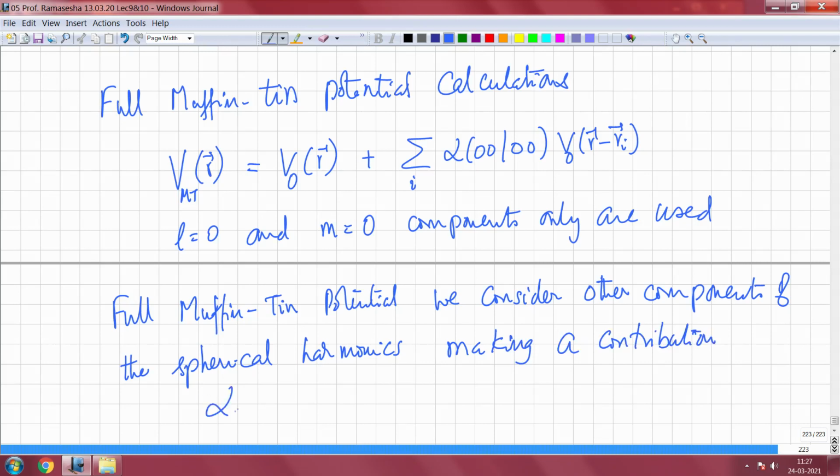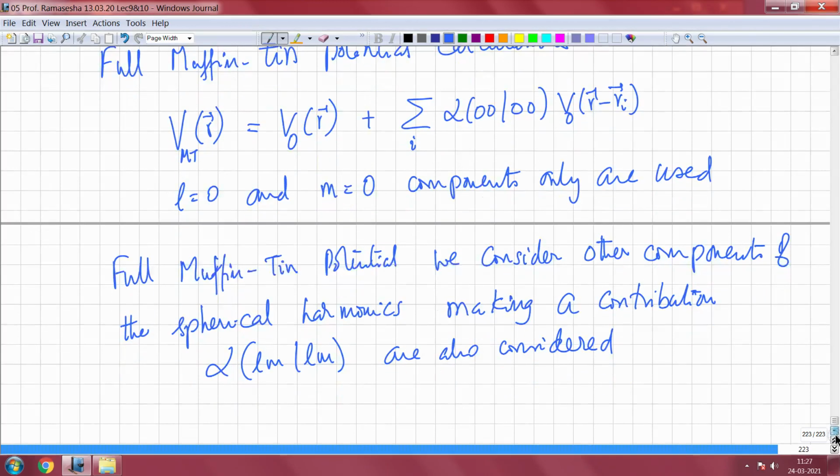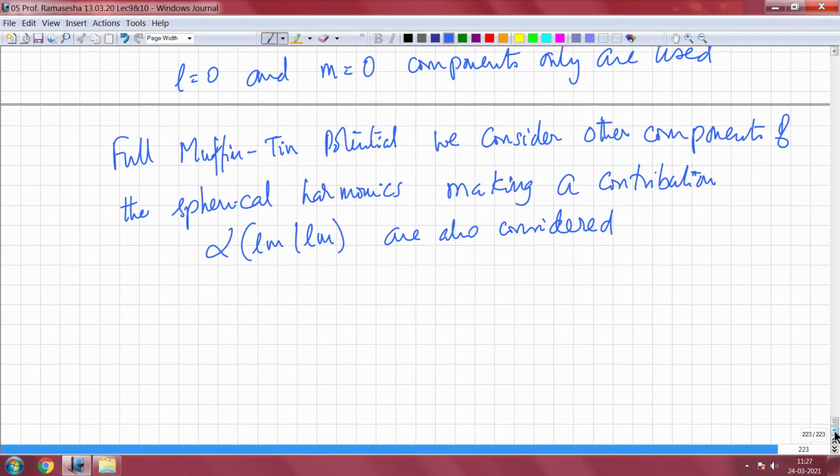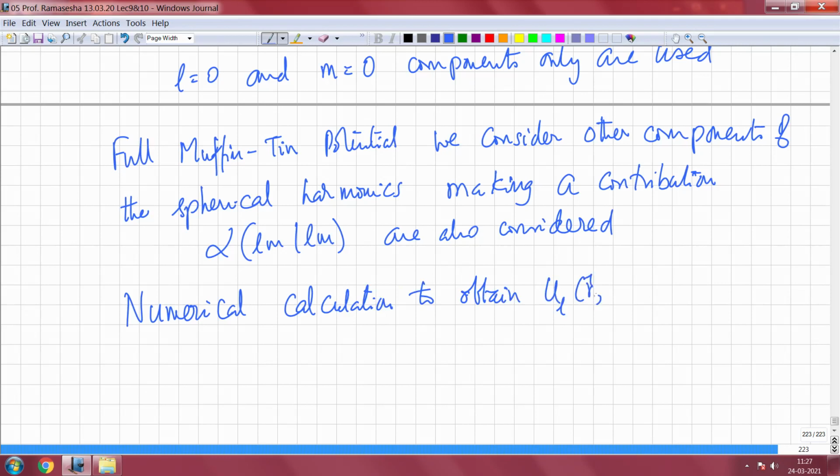That is, we are also considering things like alpha LM also. So when you do this you lose the spherical nature of the potential. So you will have to do a numerical calculation to obtain UL R comma EL.